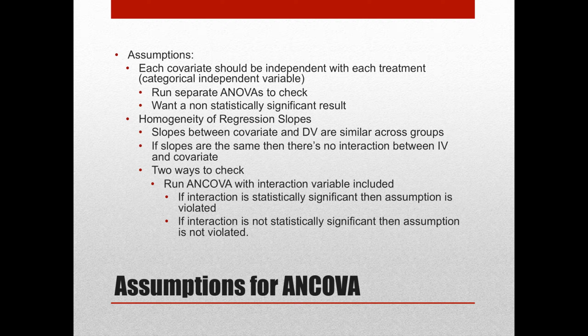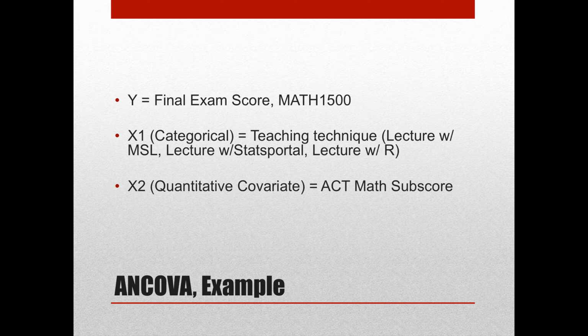If our interaction is statistically significant, then our assumption has been violated. Now we still have the same assumptions that we run with ANOVA: independence, normality, and equal variances. So an ANCOVA example may be still final exam scores for Math 1500. X1 is our categorical teaching technique, and our quantitative covariate may be ACT math subscore.